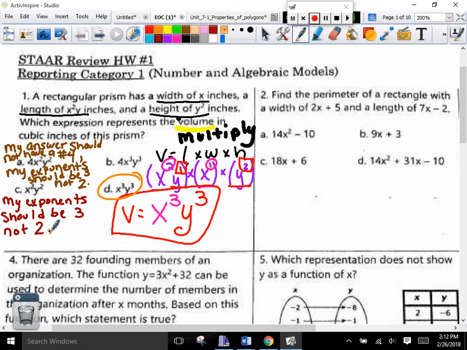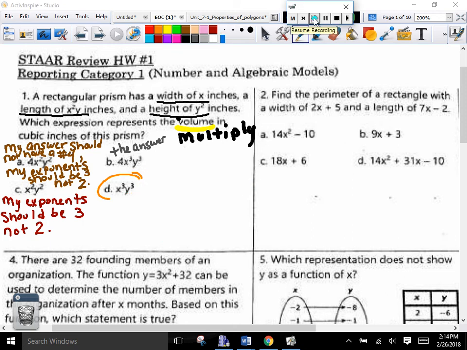And our explanation for letter B, why it's incorrect: letter B is incorrect because our answer should not have a number 4. That's how you guys need to explain every single question on your packet.